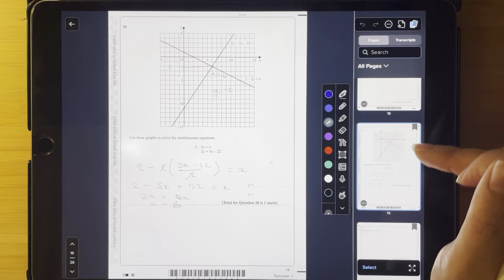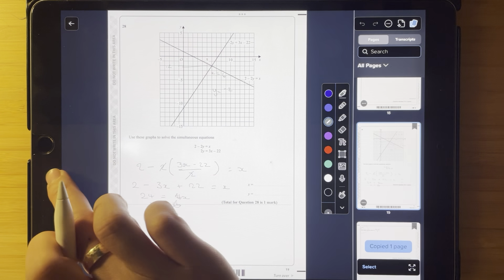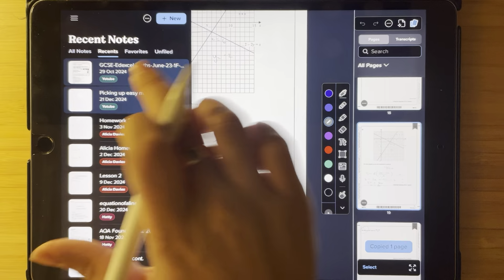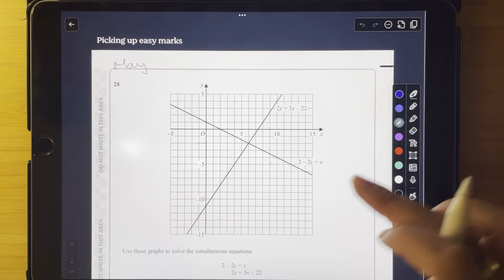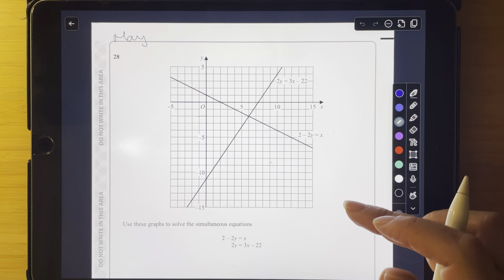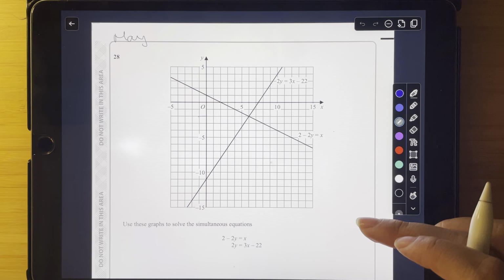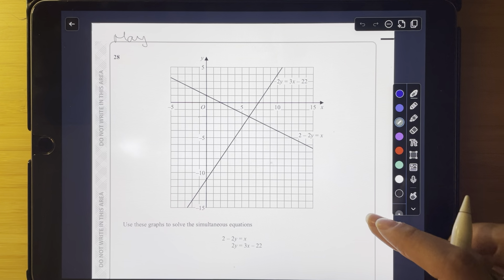Here it is. Okay, so this is question 28 on the May 2023 paper, I believe. Paper 1, right?